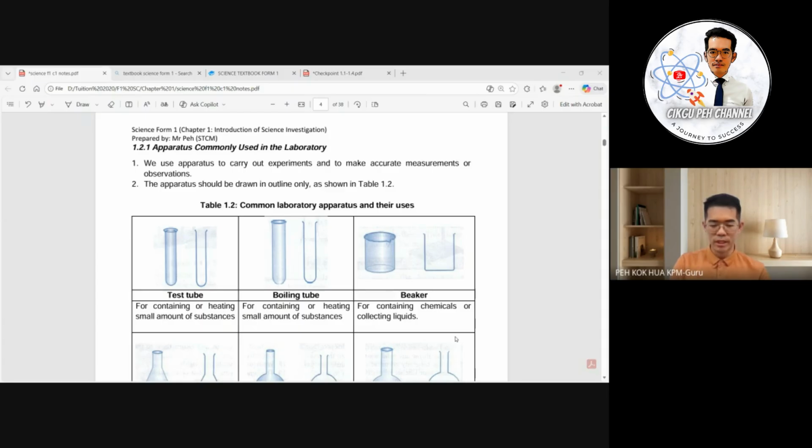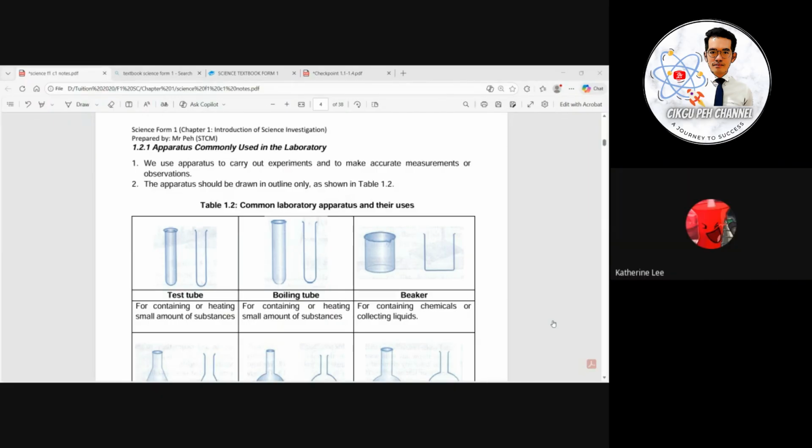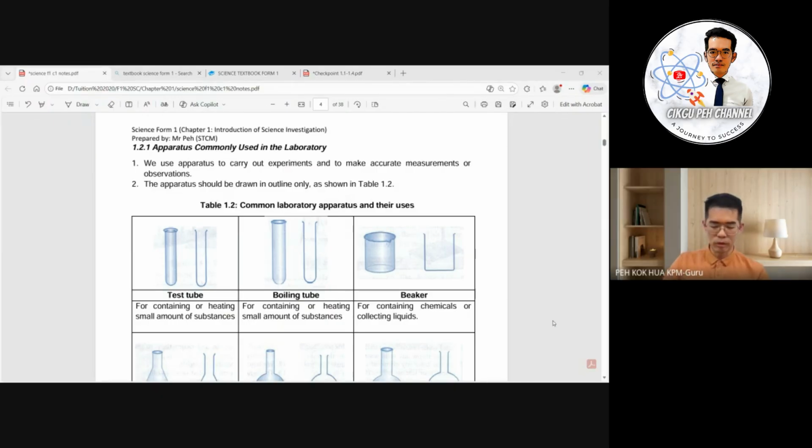Okay, I try to join myself, to see whether the slide will be the same or not. I can see the slide, Catherine. I cannot see. You still cannot see. I think it's your handphone problem.